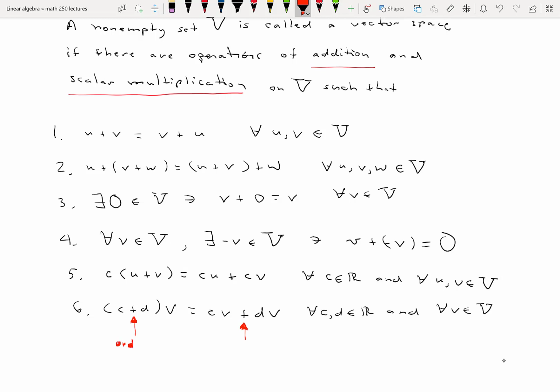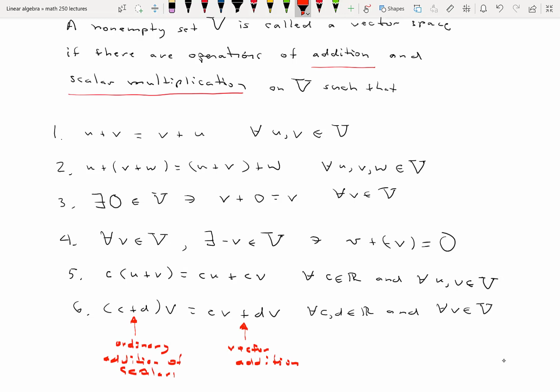This is ordinary addition of scalars. This addition on this side is addition of vectors. This is vector addition. It's the addition that we're defining on our set. So we're using that plus sign to indicate two very different things. You have to keep track.